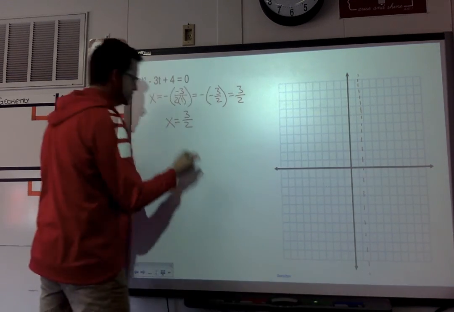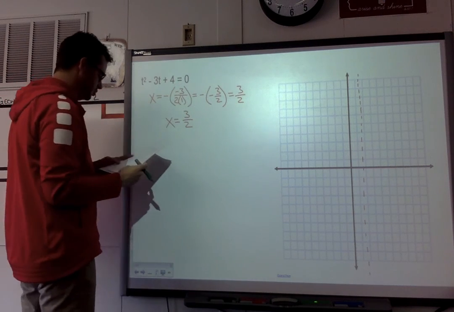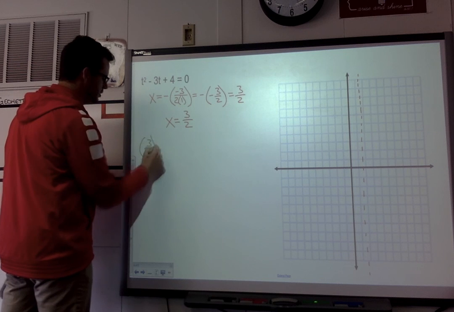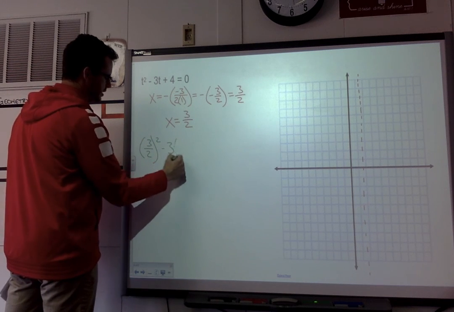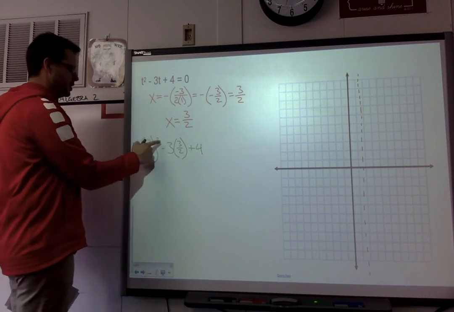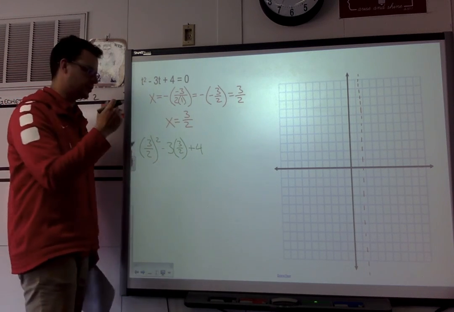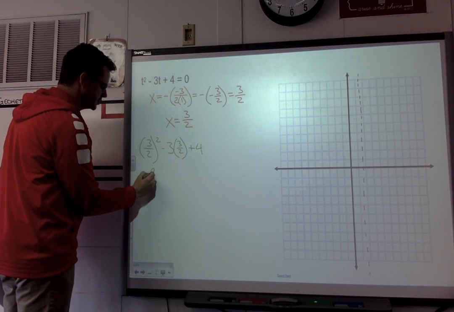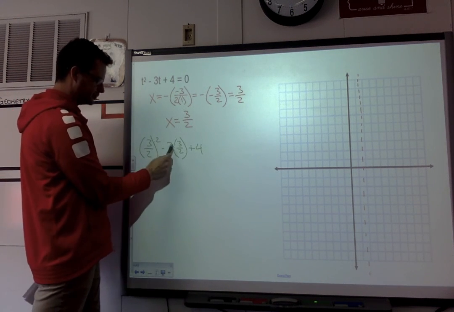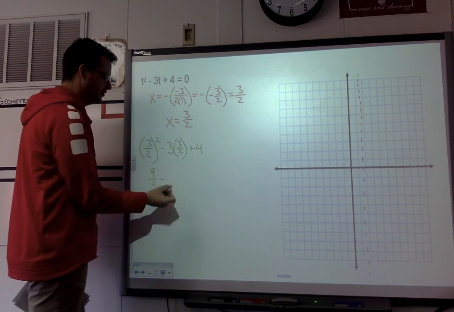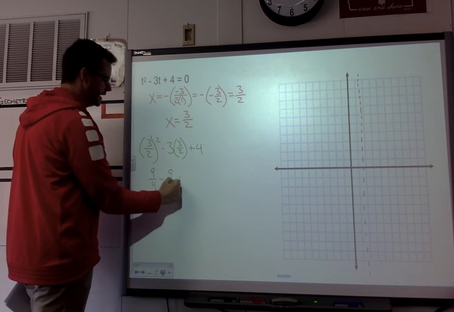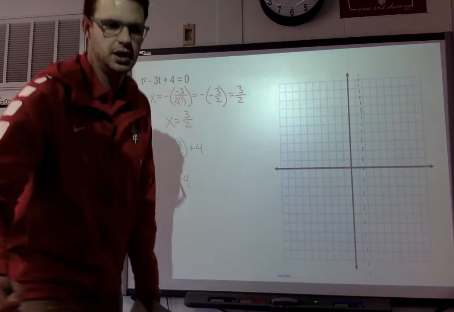Now we find our vertex by plugging that 3 over 2 back in. So if we go 3 over 2 squared minus 3 times 3 over 2 plus 4. When you square a fraction, remember you square the numerator and denominator, so this would become 9 over 4 minus, multiplying a whole number and a fraction, you just multiply the whole number by the numerator. So that would become 9 over 2 plus 4.